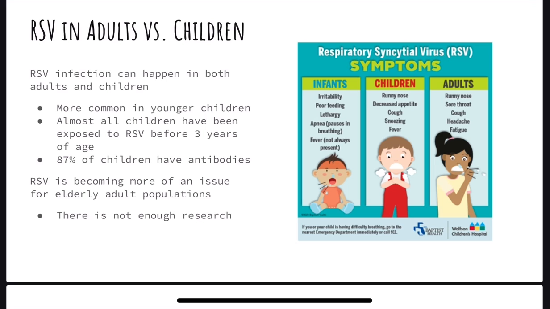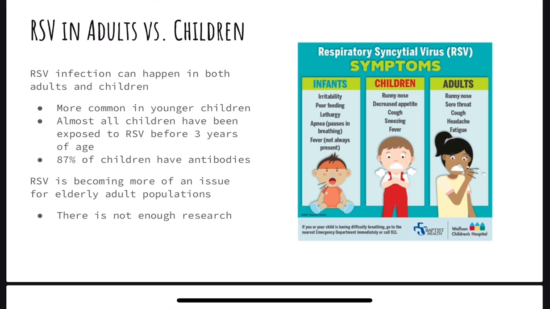So, as we stated earlier, RSV has been more common in children. However, we are seeing more cases in adults and elderly. It's more common in younger children based off of their hygiene and how often they wash their hands while they're out, touching their face or noses, other nasal passages.